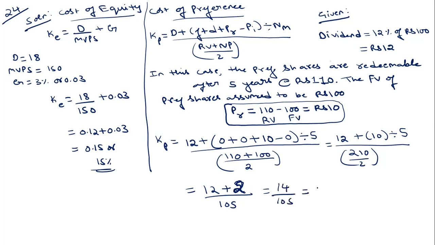Ega eshtaytu idu? 0.1333, or 13.33%. Cost of preference share namage bantu.